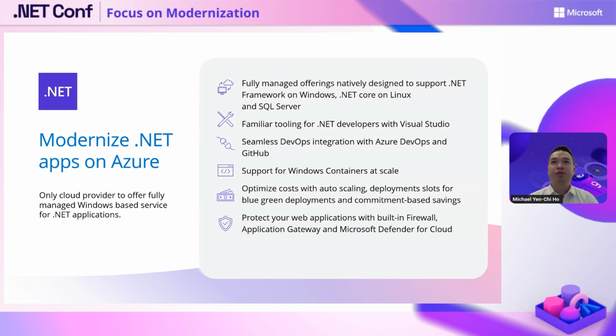And then you have all of the integration with GitHub and ADO that you're familiar with. So you can stage and pipe everything within your DevOps pipeline and get everything going fairly easily. You also get cost and performance benefits. You get protections for your application with built-in services like firewall, gateway, or even Defender for Cloud.